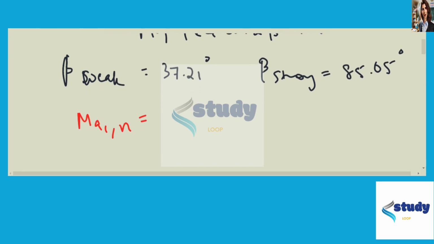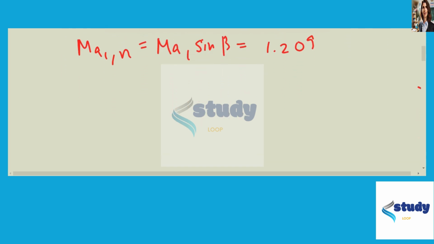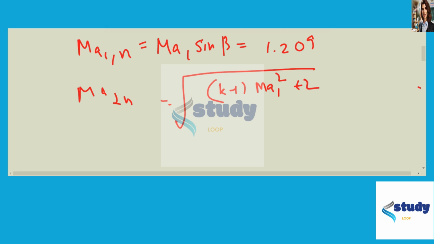Now moving forward, we get that Ma1n equals Ma1 sin beta, and that equals 1.209. Now from this equation, the downstream normal Mach number, that is Ma2n, is the root of ((k minus 1) Ma1n squared plus 2) upon (2k Ma1n squared minus (k minus 1)).